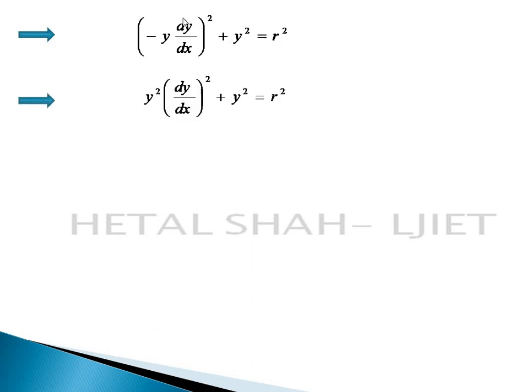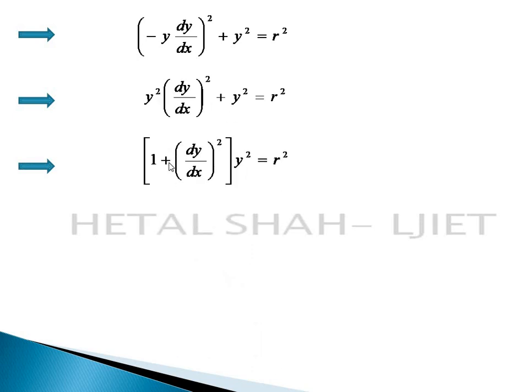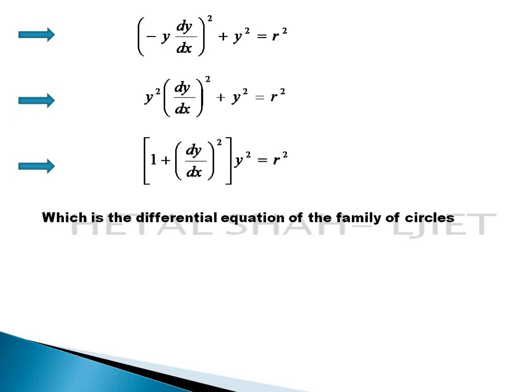By simplifying, we get y square (dy/dx) whole square plus y square is equal to r square. Now taking y square common, y square times (1 plus (dy/dx) whole square) is equal to r square, which is the required differential equation of the family of circles.